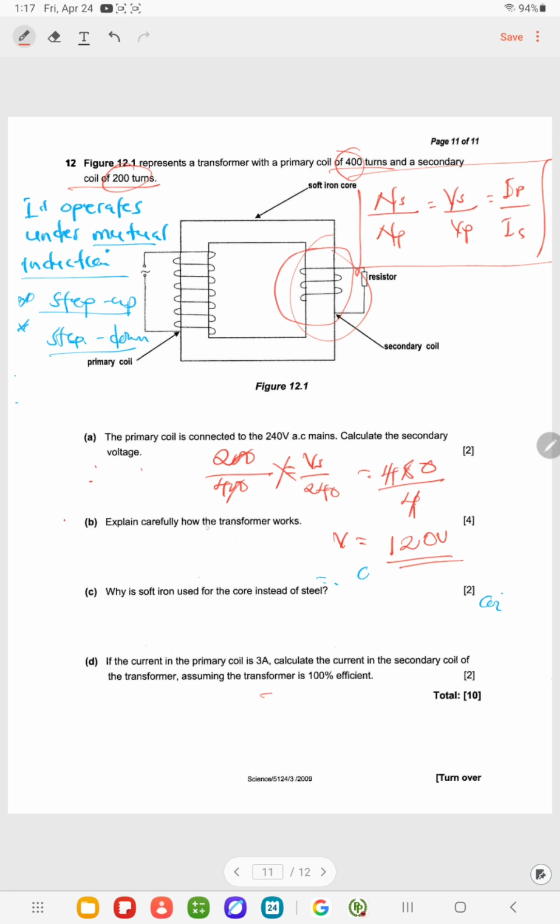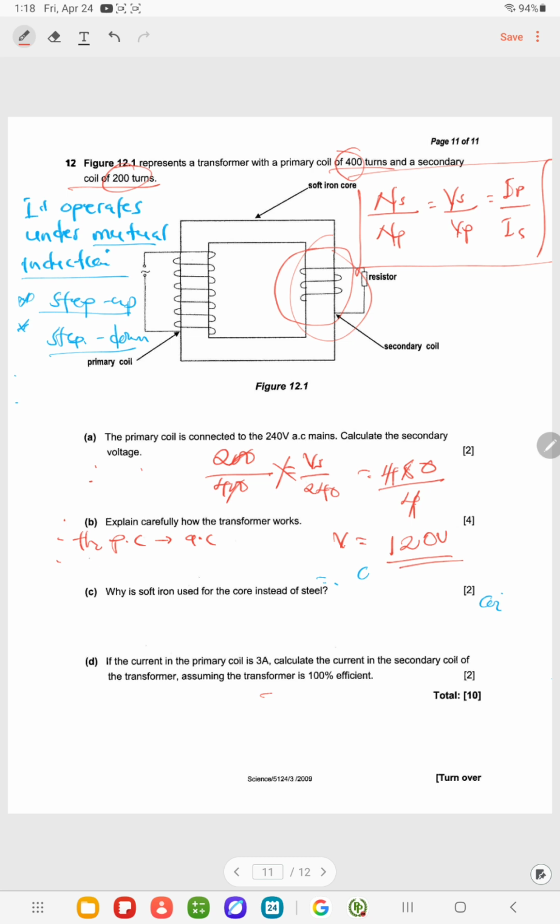Then explain carefully how a transformer operates. This is what I explained earlier on. Number 1, the primary coil is connected to alternating current.